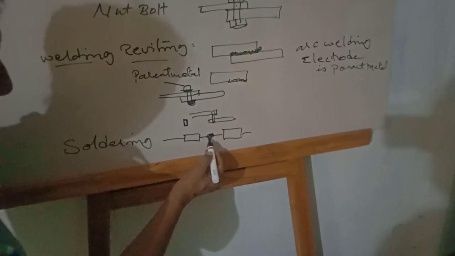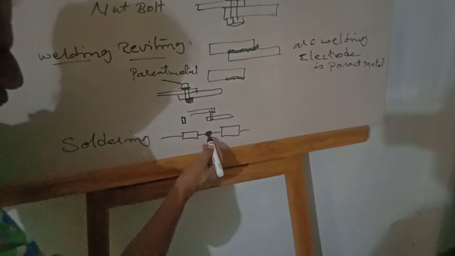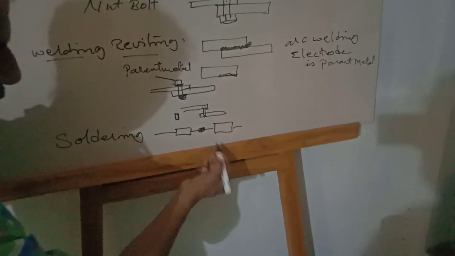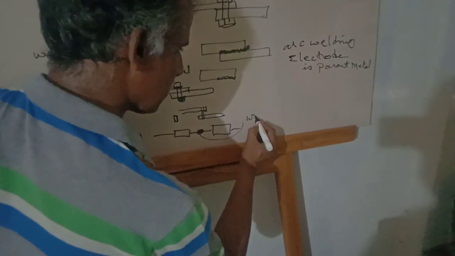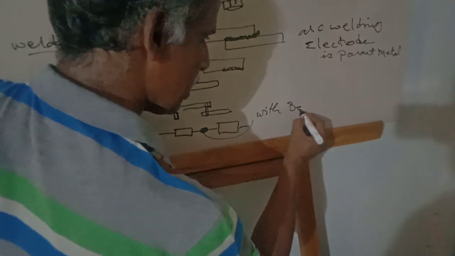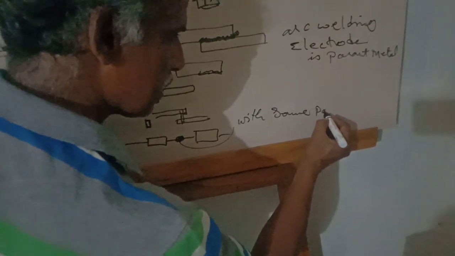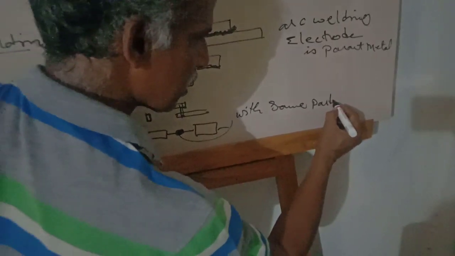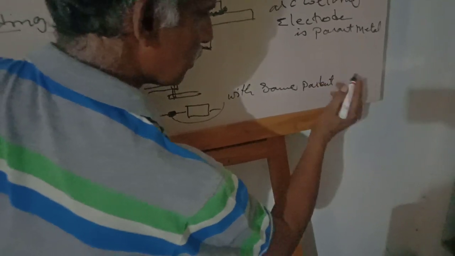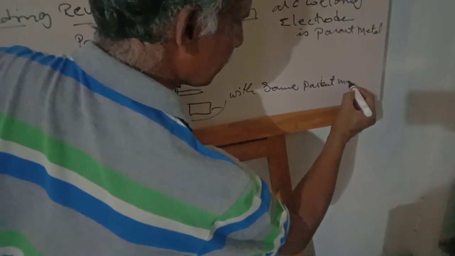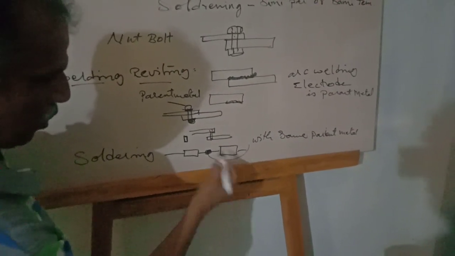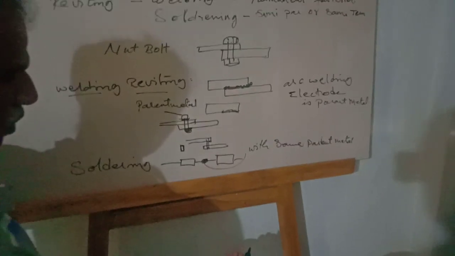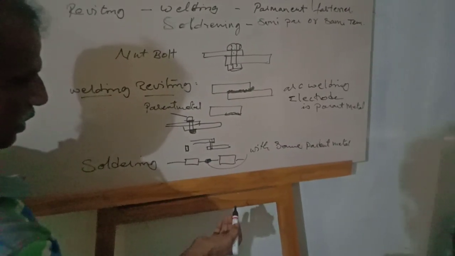Whenever they don't want it, they can dismantle by soldering, and again they can join with the same parent metal. So the parent metal can be used many times: dismantle it, assemble it, dismantle it, assemble it.